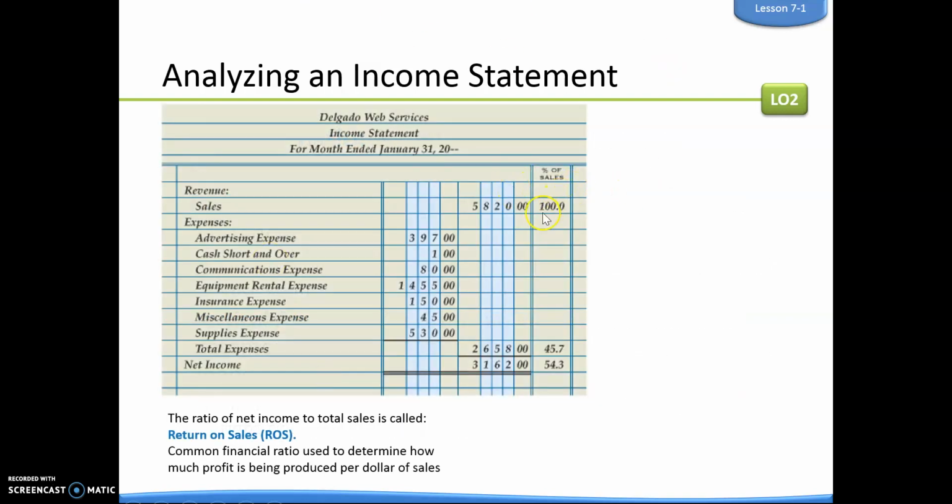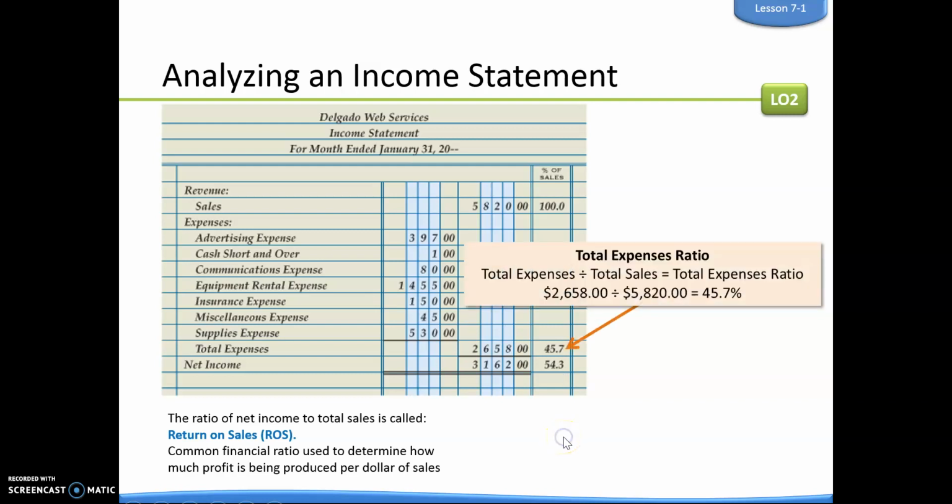So here you can see we have sales at 100%. We take our total expenses and we divide by our total sales, and we get a vertical analysis ratio of 45.7%. Okay, which just means that of our total sales, 45.7% of that went to expenses. And then we do the same thing for net income, where we take our net income amount and divide by our sales, and of our sales amount, 54.3% went to net income.